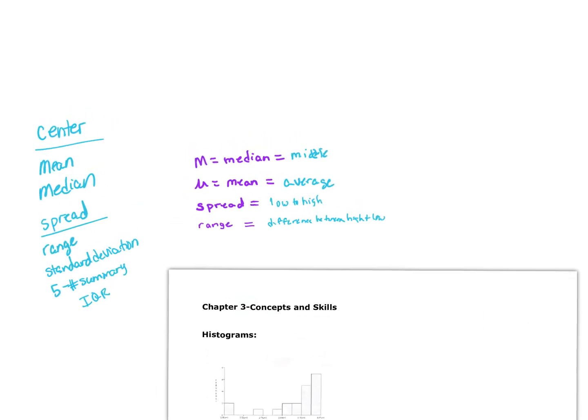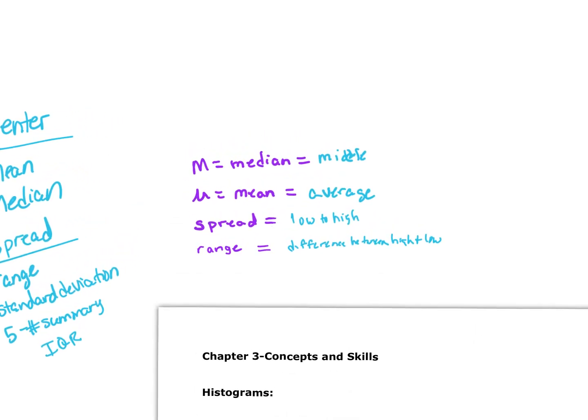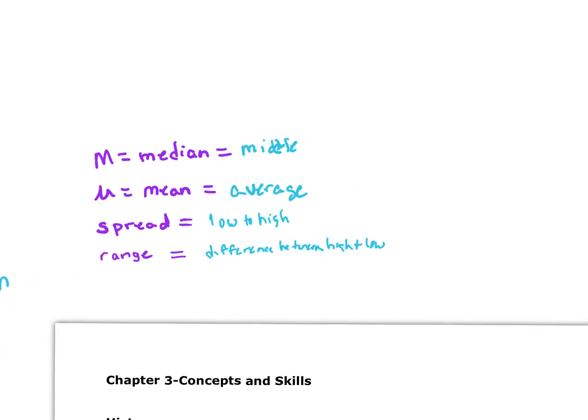All right, so besides median being middle, another way of thinking about it when we are looking at a histogram and we have to find where the median is, I want you to think equal areas point. Equal areas point. And I'll explain what that means in just a second.